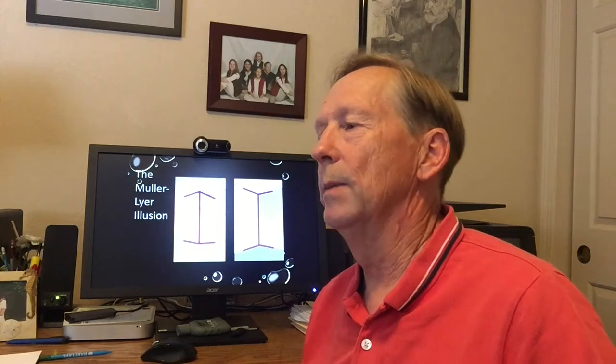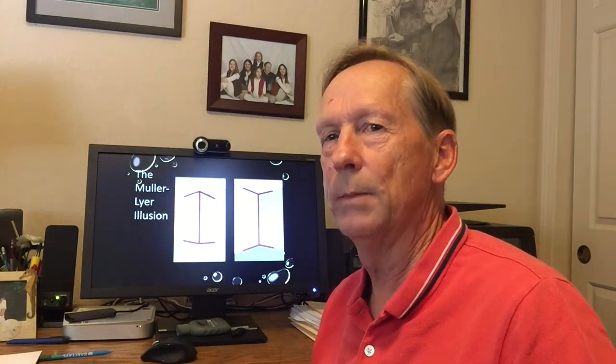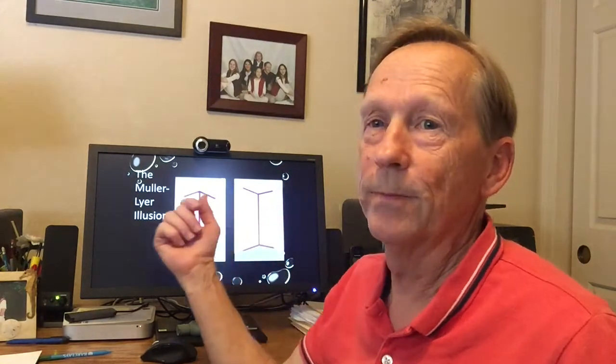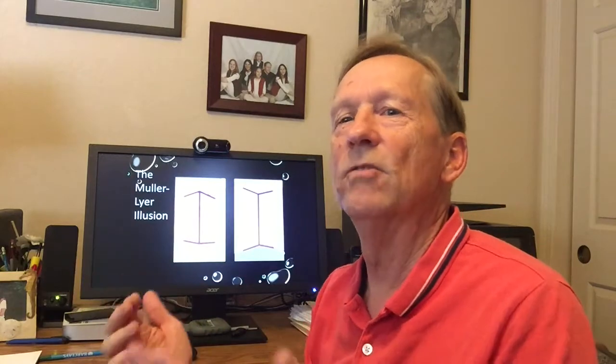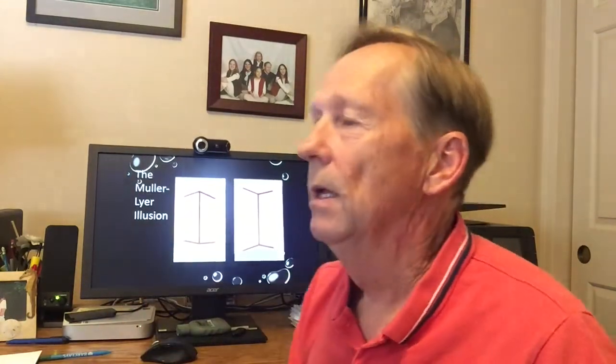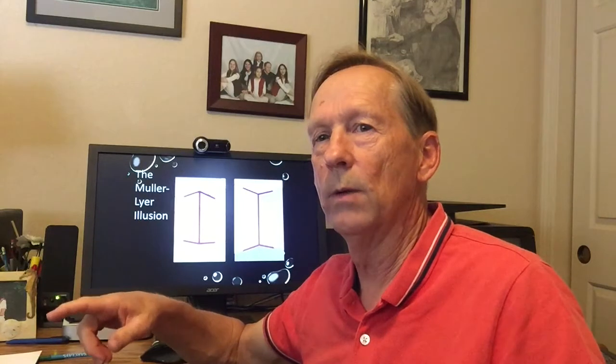And let me back up a little bit. It's been shown that if you go to very primitive tribes in Africa and show them these same lines, what you find is they're not fooled by it. They don't think that this line is longer than that one. It's really only people who live in the Western kind of modernized carpentered world that we live in.